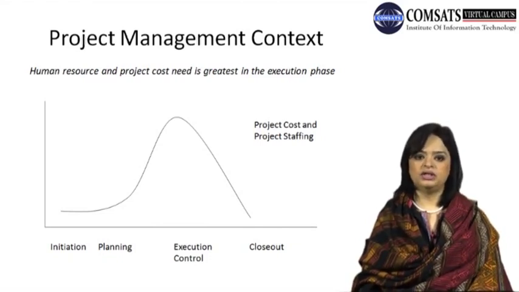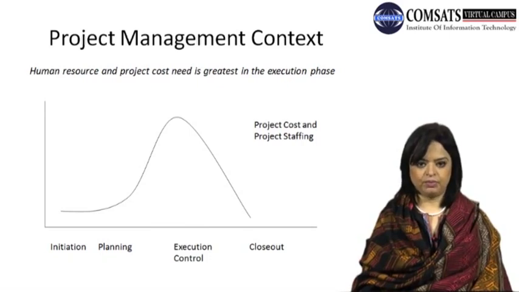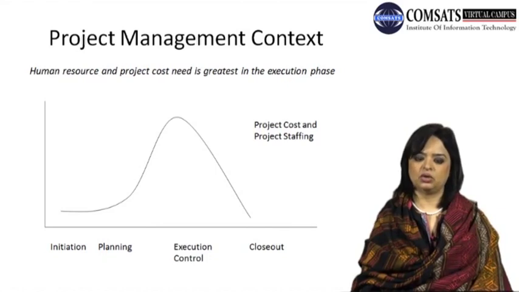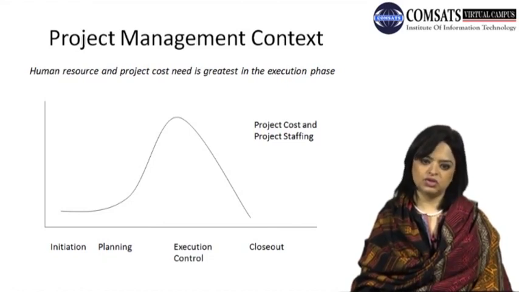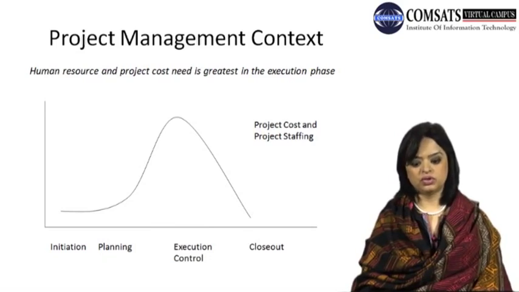And a lot of authority is needed on the project manager's side to actually continue with the estimation process. So once the planning is done, you slowly and gradually start acquiring more resources, and the resources peak, whether it's the cost associated with usage of the resources and the project staffing. The peak is within the execution phase of the project.